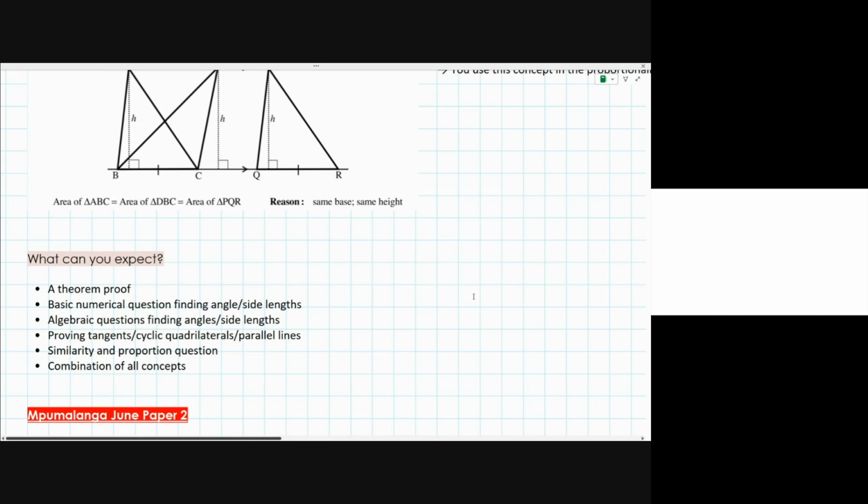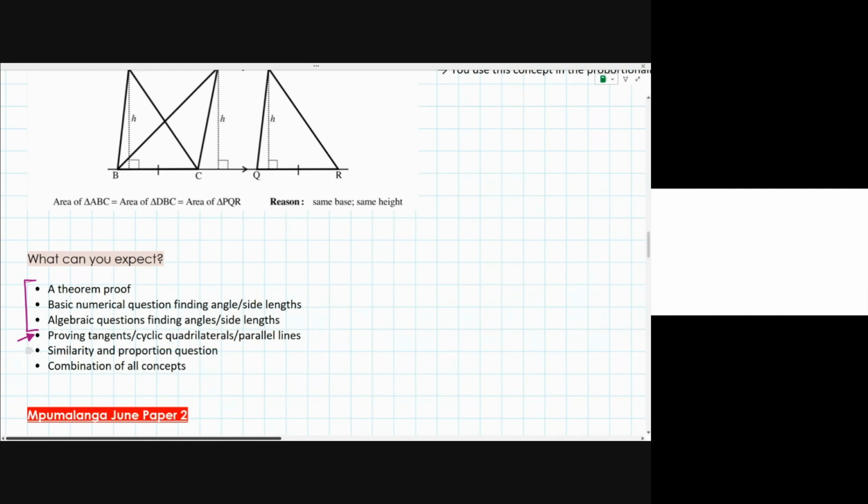In my opinion, you should all be able to do these first 3 types of questions. The proving is a little trickier, but again, you should all be able to do it because you have all your converse proofs. I personally just don't enjoy similarity and proportion. It's not a theorem I particularly like.